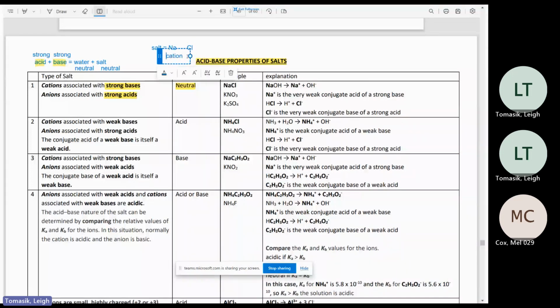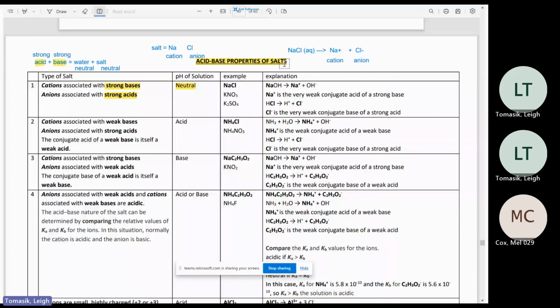And the second part is called the anion. Okay, because when NaCl is dissolved into water, it will break up into a positive ion, that's the metal part, and a negative ion, right? Cation, anion.